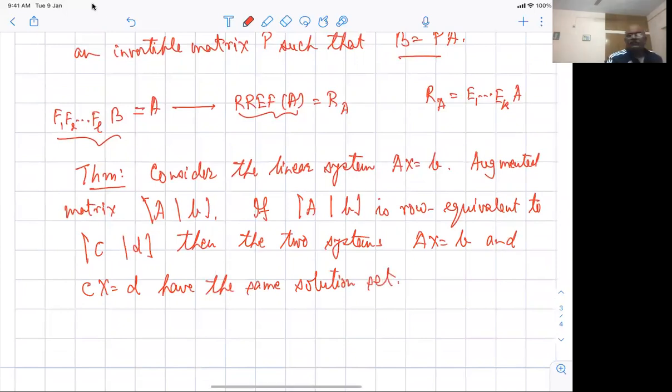Why do they have the same solution set? Because from one I can go to the other by multiplying by an invertible matrix. All right. Therefore, the solution does not change. All right. This is very, very important.